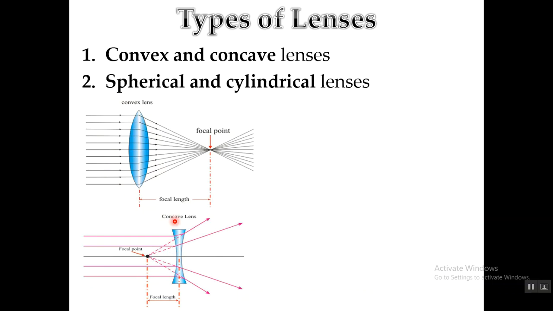But the concave lens diverges the light, and this is called a diverging lens or minus lens. So the convex are positive, but the concave are negative, because they are diverging, while the convex are converging.